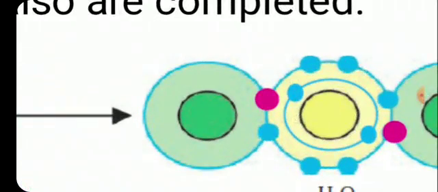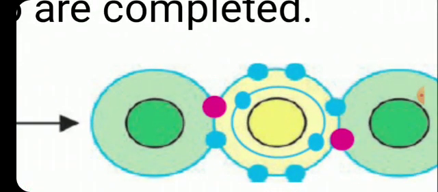See here, both the hydrogen atoms, they got their duplet state completed, and similarly oxygen atom also got its octet state complete. Means oxygen has got now 8 electrons in its orbit. So the octet of oxygen atom is completed, and both the hydrogen atoms are having 2 electrons. So their duplet state is also completed.